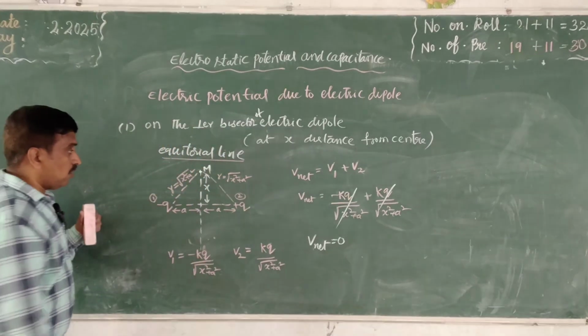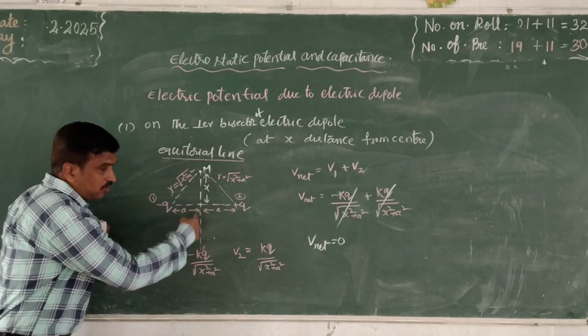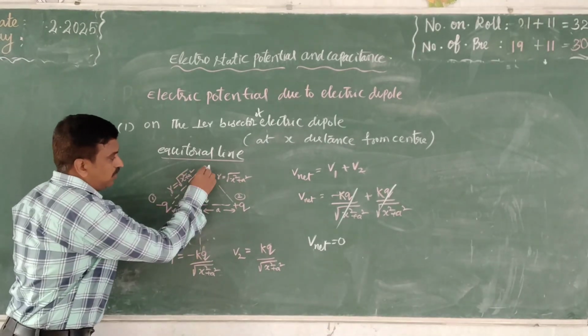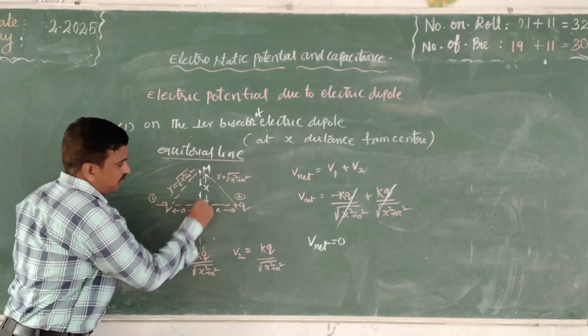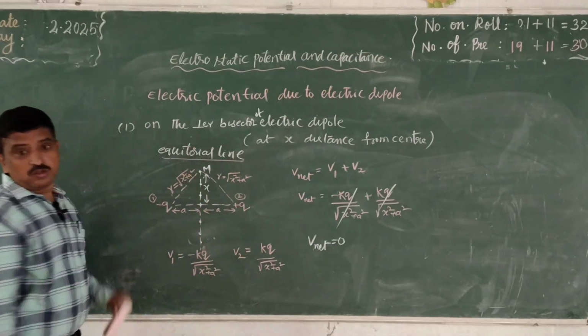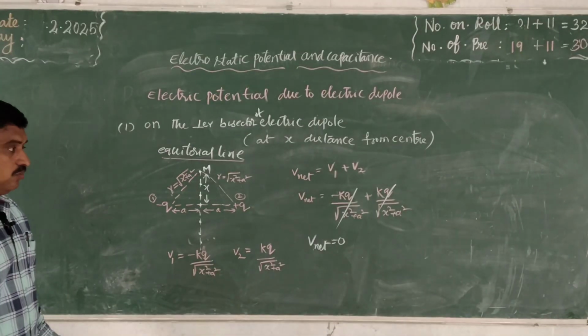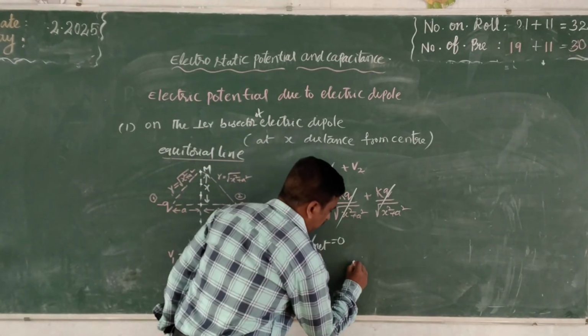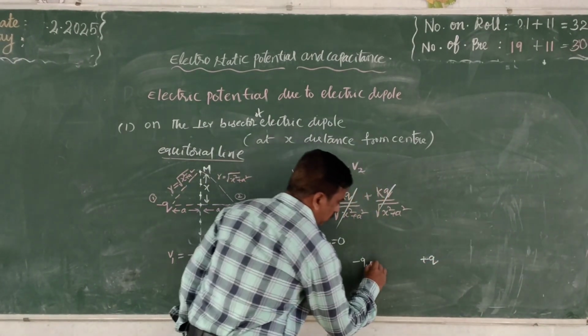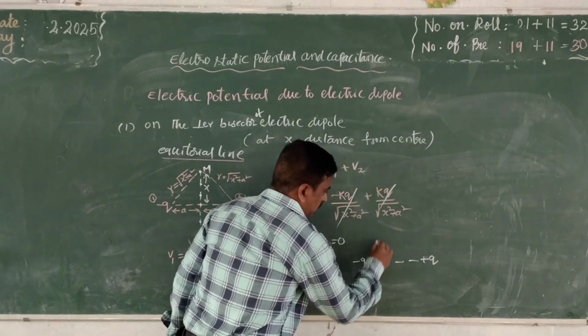This means on the perpendicular bisector or equatorial line, the potential is the same. Not only at this point, but at any point on this line, the potential is the same. Here we can take minus q, here plus q, and draw the plane. See, this is the plane.